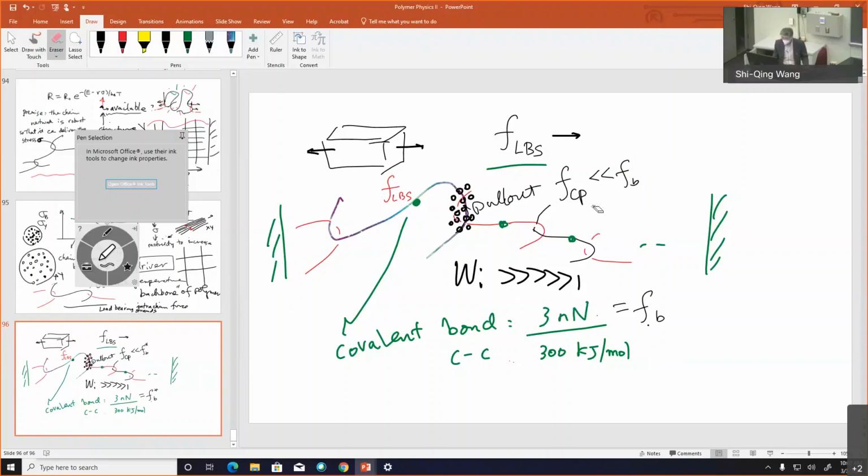As long as this is true, we can imagine chain pull-out to occur instead of scission, right? By definition. So when you have a brittle failure, you could have some scission. The question is whether that's the dominant event or not.